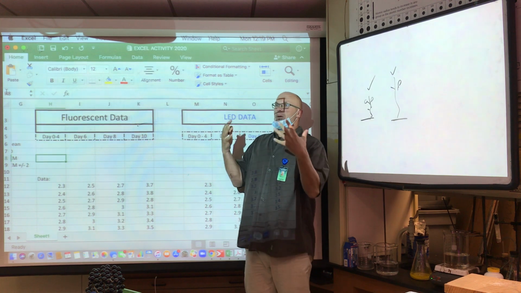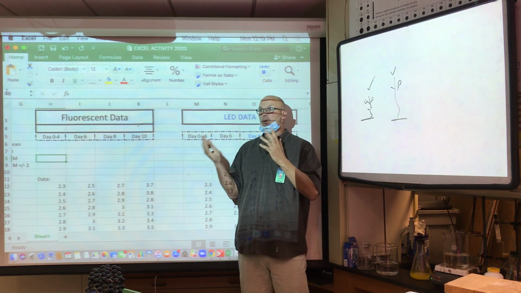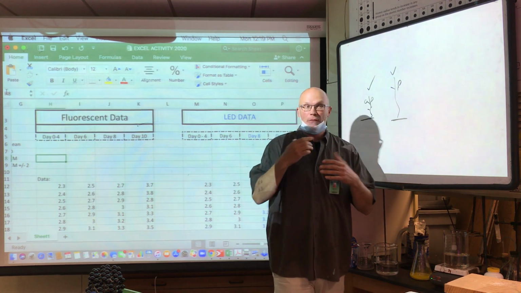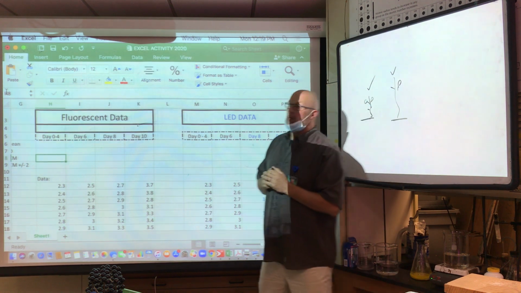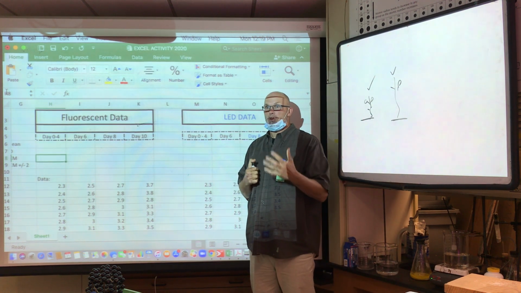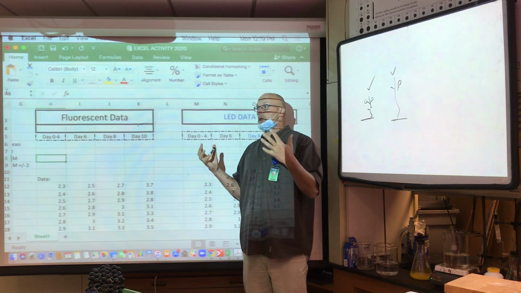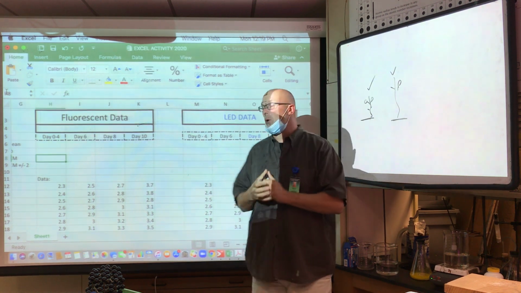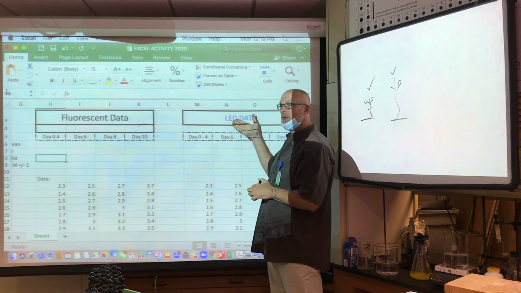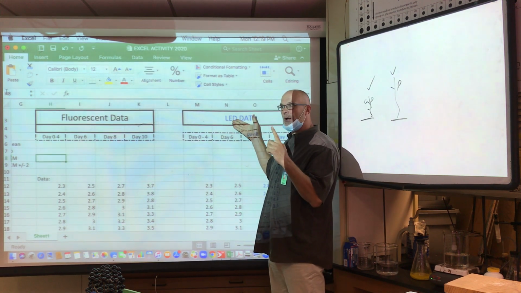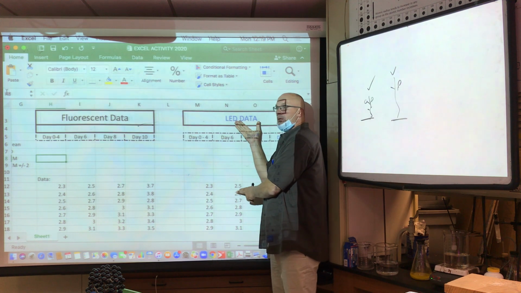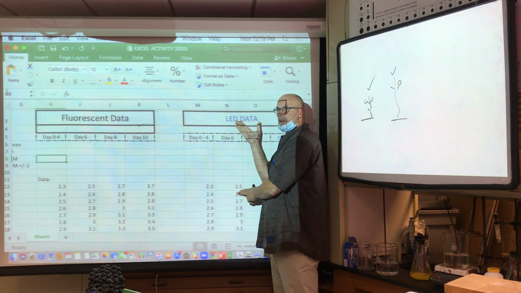White light is all the spectrum, okay, so it includes the blue and the red. Now these guys are undergoing photosynthesis, and photosynthesis, we have learned, basically these plants utilize the blue and red part of the spectrum. So only showing blue and red, okay, should provide more light that the plants can utilize.